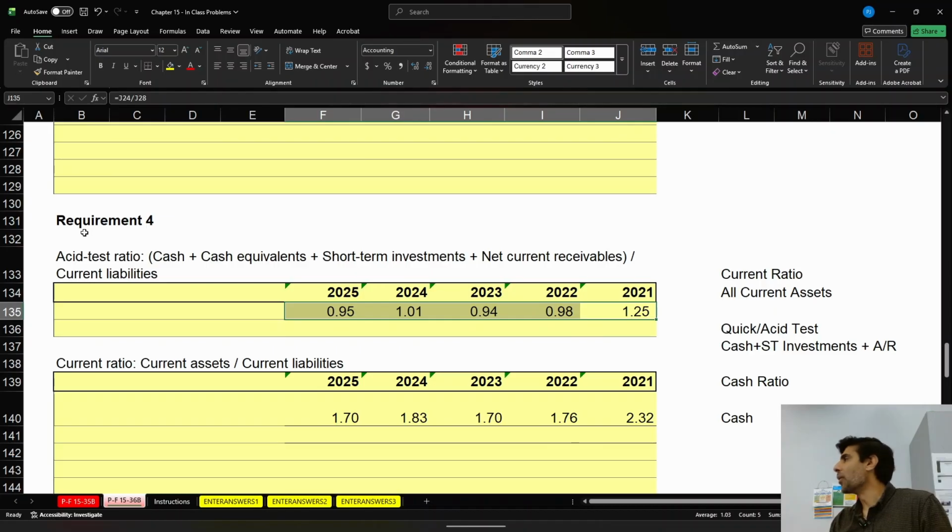Instead of getting it right on the homework, I think it's more important you understand what these different ratios are and why they change. What is the difference between cash ratio and quick ratio? What is causing that difference? Why would you want to know quick versus cash? It's more conservative versus, there could be a case where your accounts receivable are much longer term.